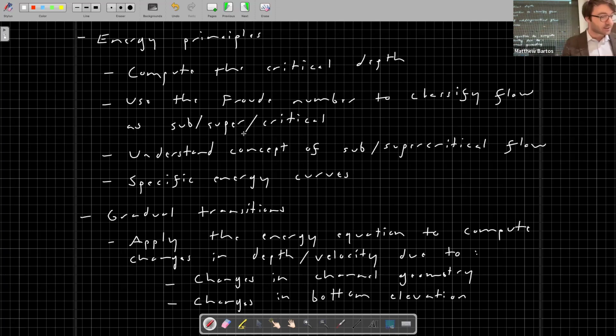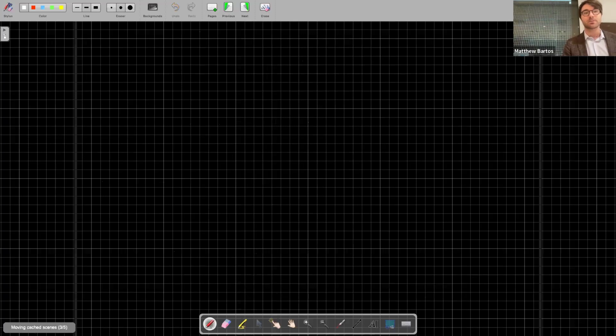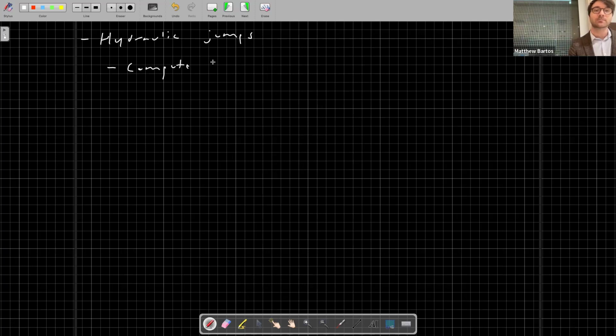All right, next set of topics, hydraulic jumps. So you're going to want to understand how to compute the sequent depth downstream of a hydraulic jump, given the upstream depth and velocity. And this may apply to a rectangular or non-rectangular channel.